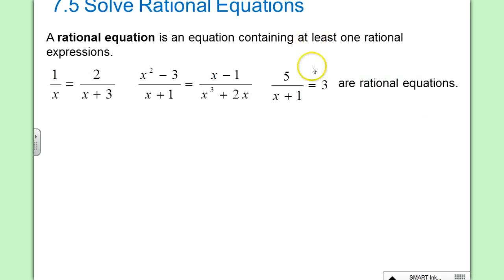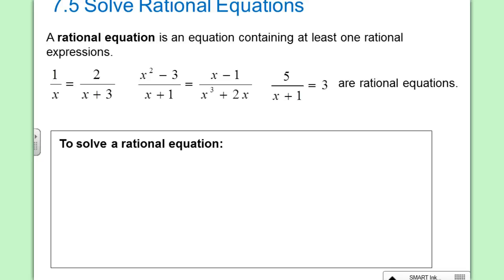A rational equation, when we think about what it is, obviously has an equal sign in it, and we have fractions that contain at least one rational expression. So we've got polynomials there, right? Those are all rational equations. What do we do to solve them? Well, here's the recipe.